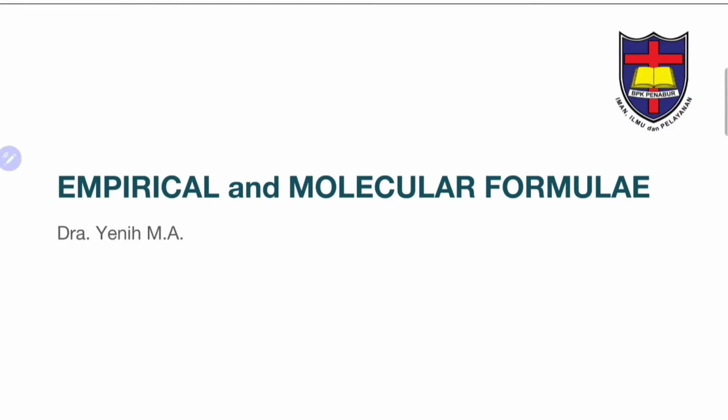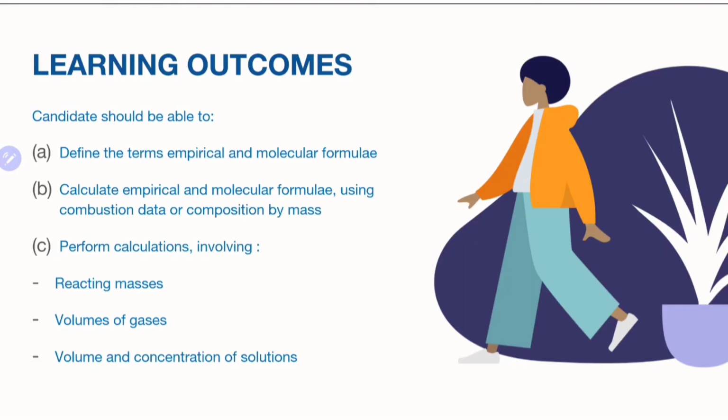In chemistry, we use a lot of formulas, and two of them we know as empirical and molecular formula. Here are the learning outcomes. You are asked to define the terms empirical and molecular formula.